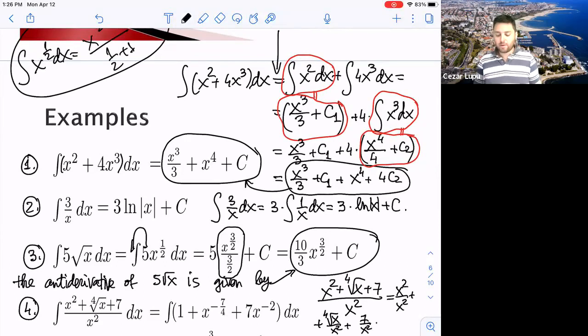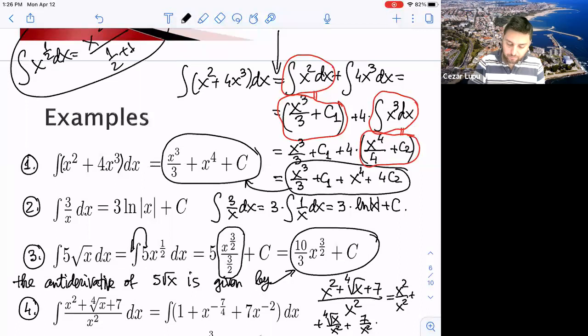And guess what? You can write this because the fourth root of x is x to the power 1/4 over x squared, so it's x to the 1/4 minus 2, which is negative 7/4, right? Do you get this algebra?